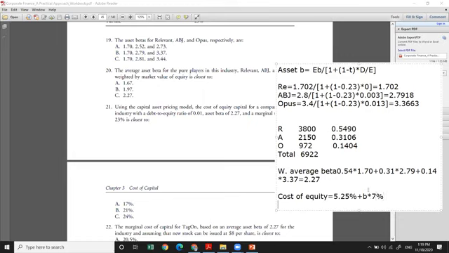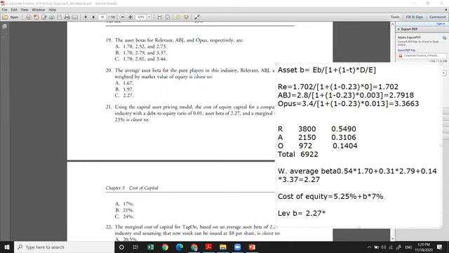And we don't know the levered beta, so we need to find it. So the levered beta will be equal to, we found already through the pure play method the average beta, which is 2.27.